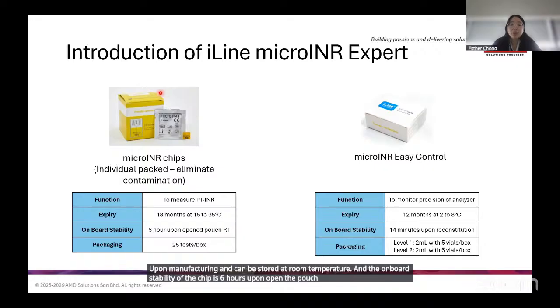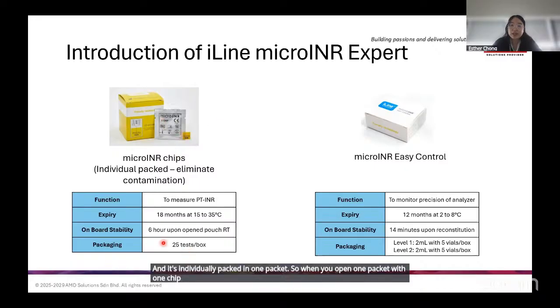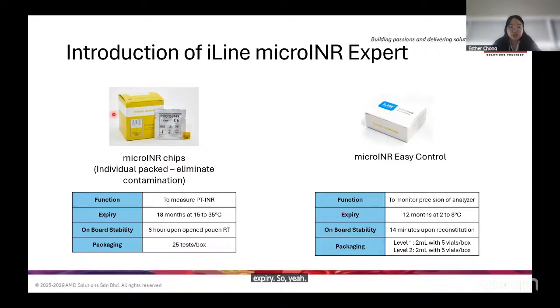In one box we have 25 microchips, individually packed in one packet. When you open one packet with one chip inside, the open stability is 6 hours. If you don't open the individually packed packet, it has an 18-month expiry. As I said, one box has 25 chips.